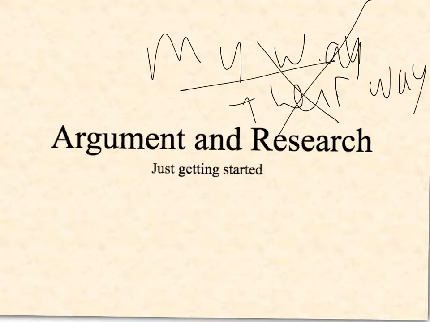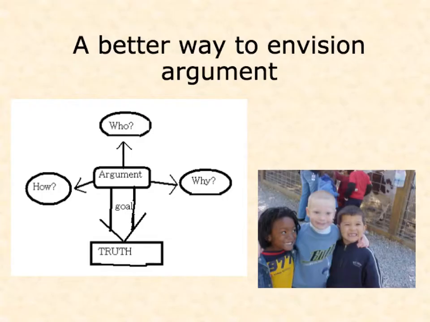Now, before we can look at the parts, we have to think of some things that are, I sometimes see them as what's behind the argument. Another way to look at it is what drives our argument, okay? There's a lot that's there that we don't always acknowledge when we have an argument or when we write an argument.